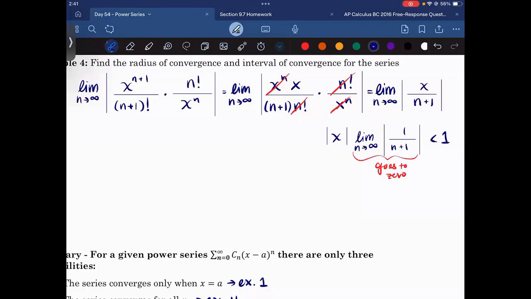So if this is going to 0, this x can be any number, like infinity. So x is going to go to infinity.